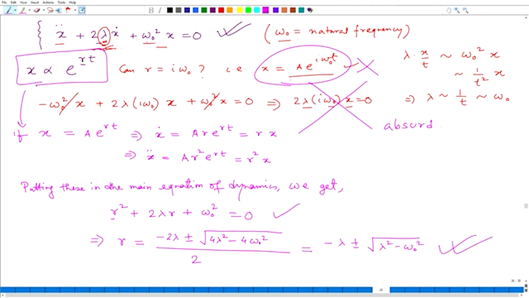Then x will simply be some a times e to the power minus lambda plus root over lambda square minus omega 0 square times t, plus, I cannot write a because a is already used here, so I write e1 and e2, e to the power minus lambda minus root over lambda square minus omega 0 square times t.